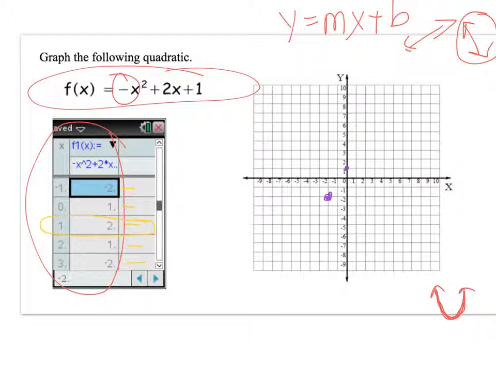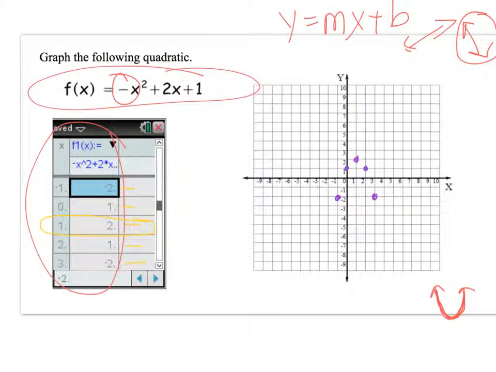So across 0, up 1, across 1, up 2, across 2, up 1, and across 3, down 2. I'm just going to fix this one I've got right here. And that was negative 1, negative 2, which is right here.